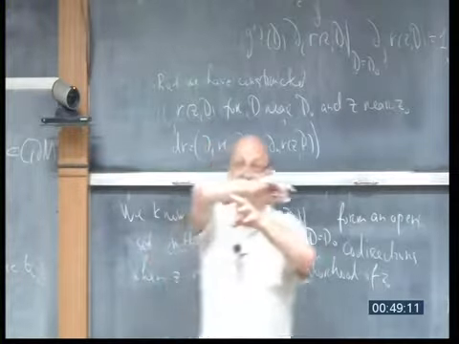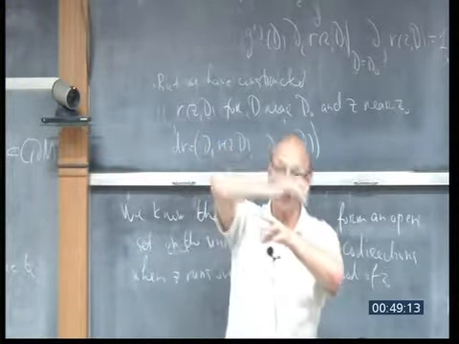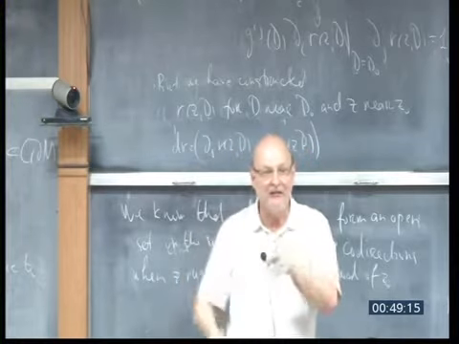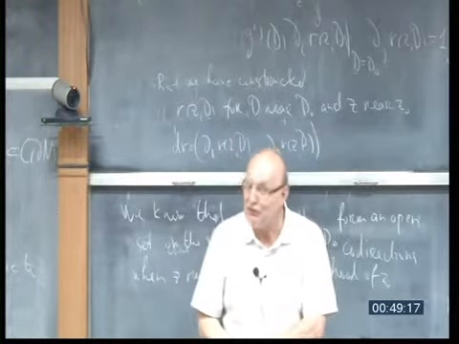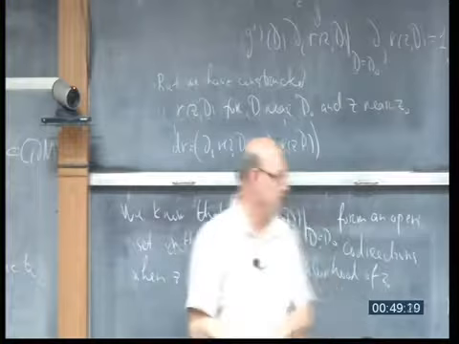So we have an n-1 dimensional set of covectors, and we know they have length 1. We don't know the metric, but we know they have length 1.